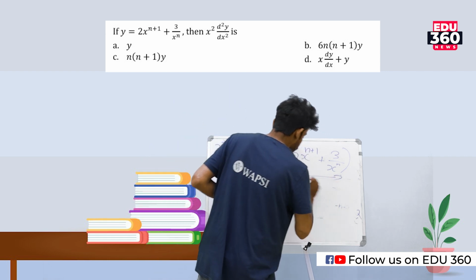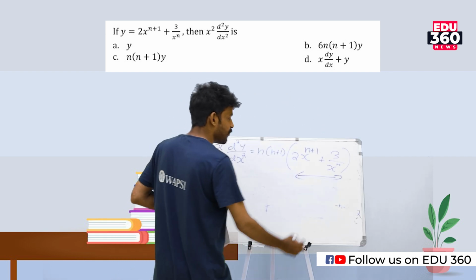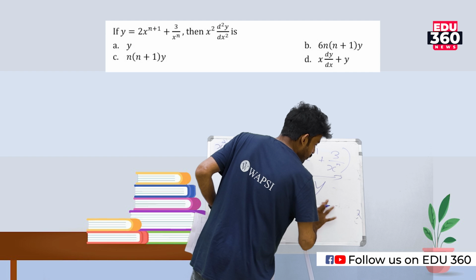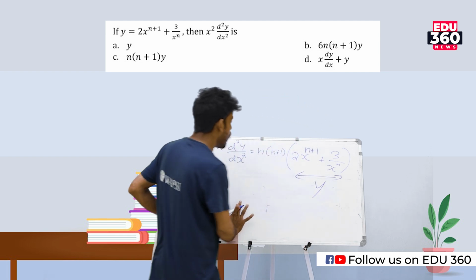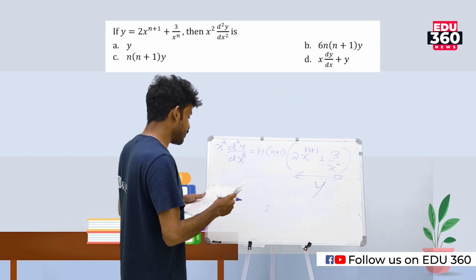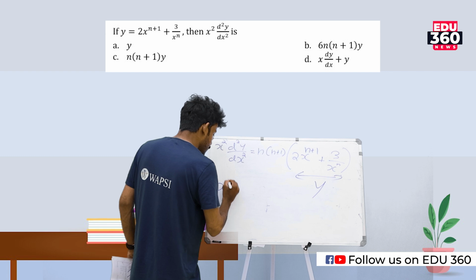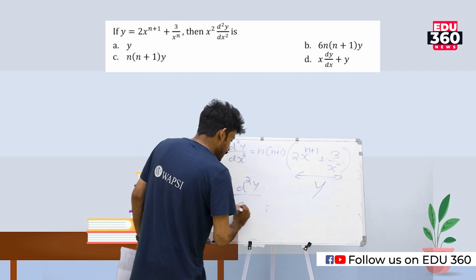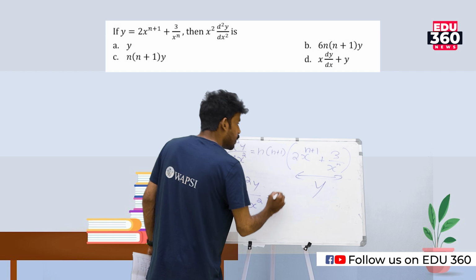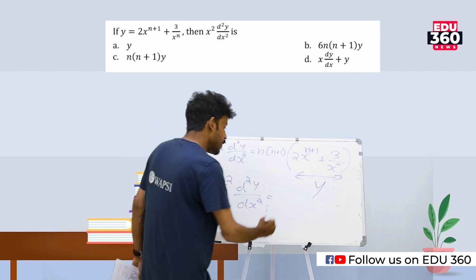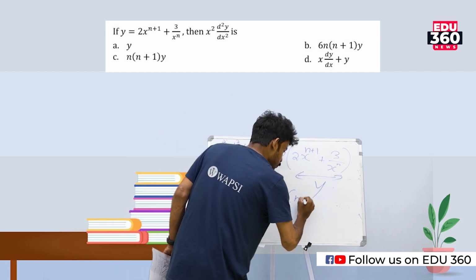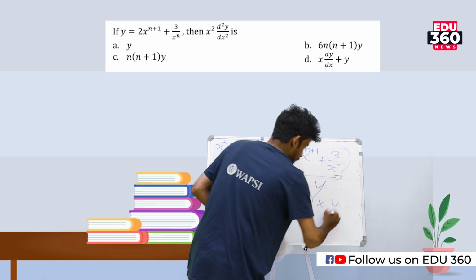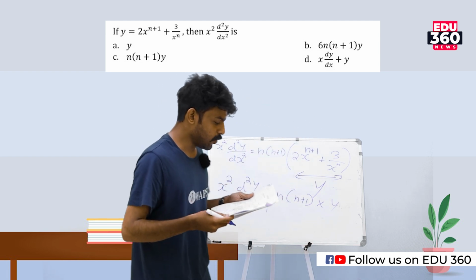So yes, this is the question, and for this one we can simply substitute y, it is equal to y. So in the next step, x square d square y by dx square is equal to n into n plus 1 into y.